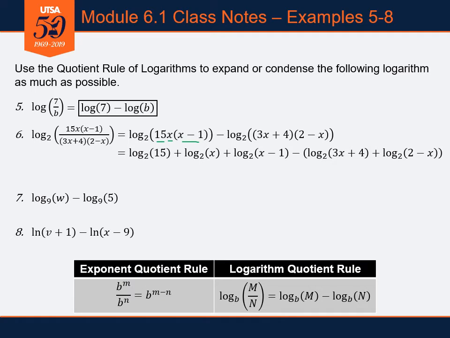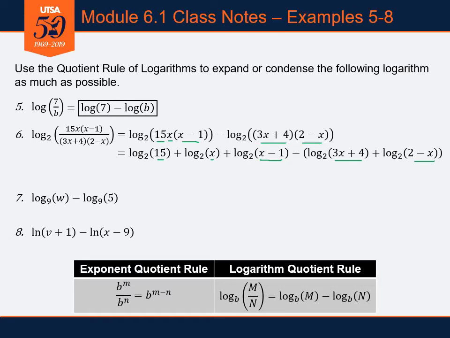And we can split that up into log base 2 of 15 plus log base 2 of x plus log base 2 of x minus 1. And then we've got another product in the second logarithm, log base 2 of 3x plus 4 plus log base 2 of 2 minus x. So I'm just using my product rule to split up these logarithms into sums of separate, simpler logarithms.